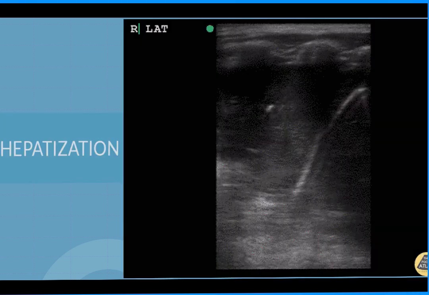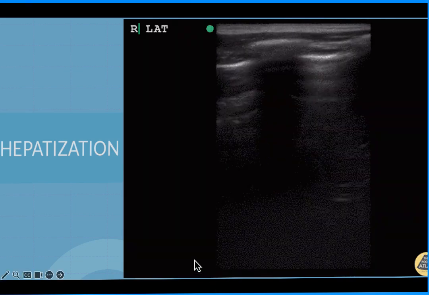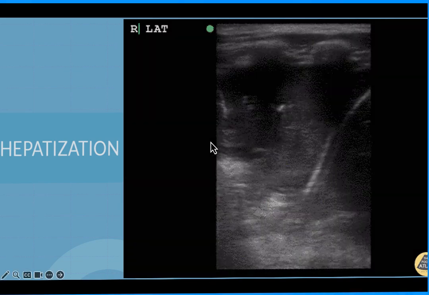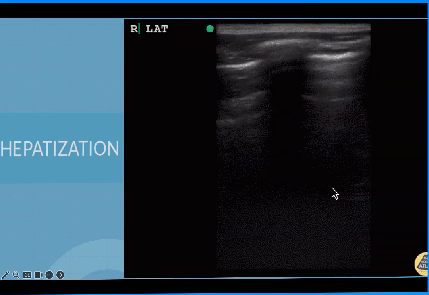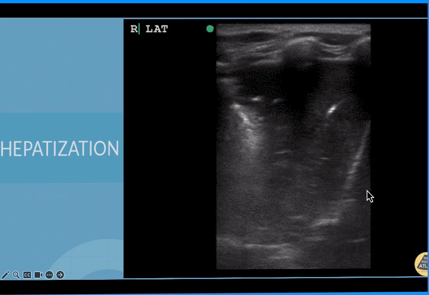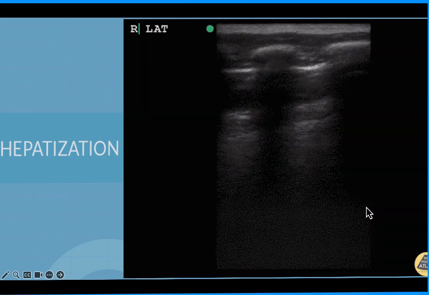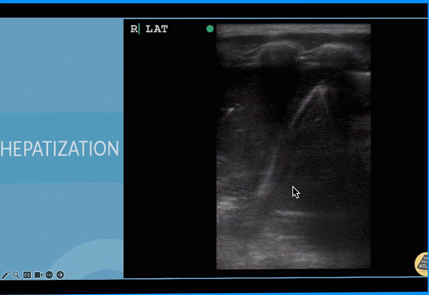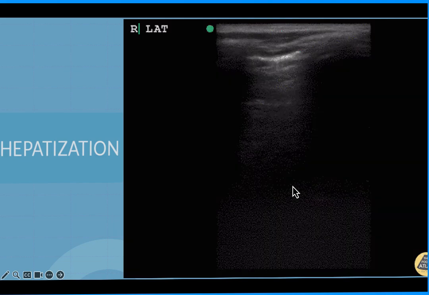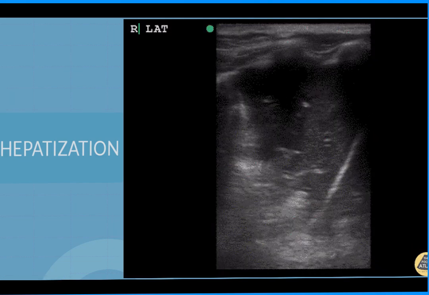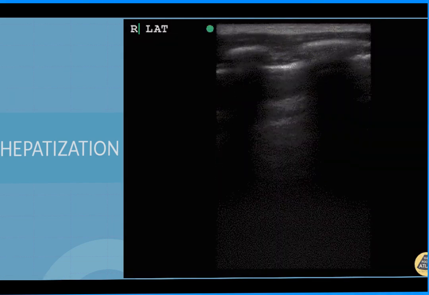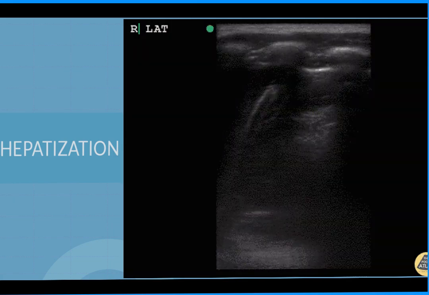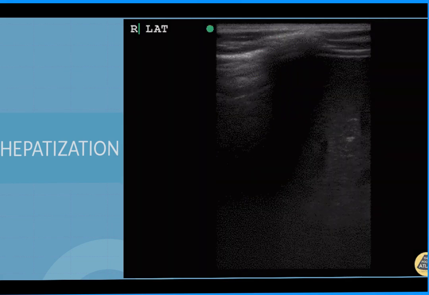So this is an example of a pediatric patient. What we see here is something that looks like liver. And as we're scanning down all the way, we actually get to the liver. So the liver is all the way at the bottom right here. When you're scanning the lung and you see something that looks just like liver, that is consolidation. The term is called hepatization, because now the lung is looking like the liver.